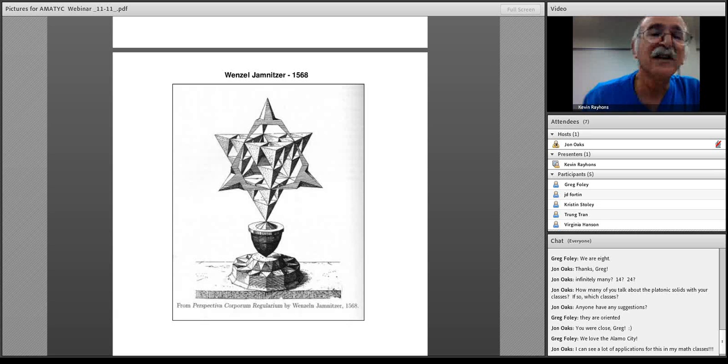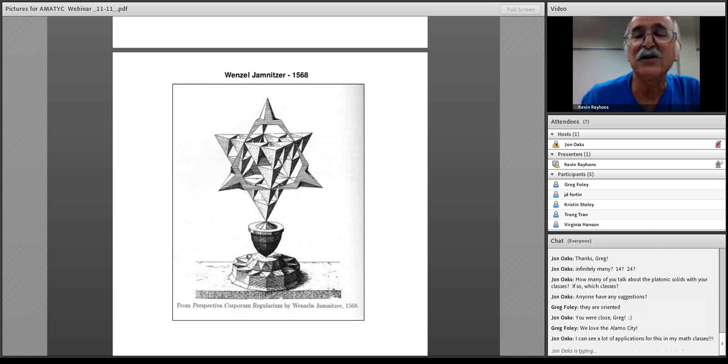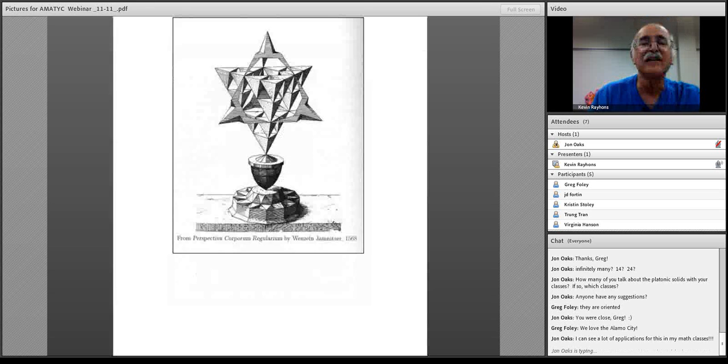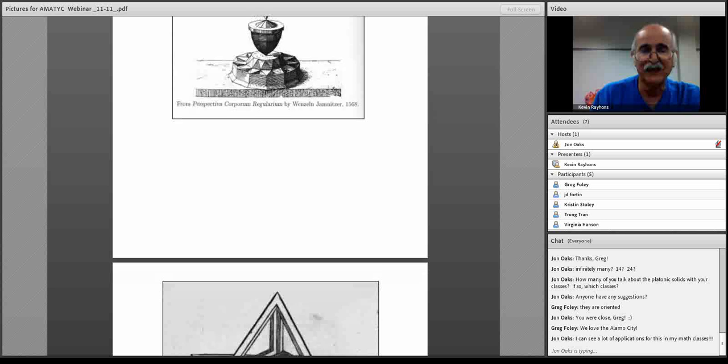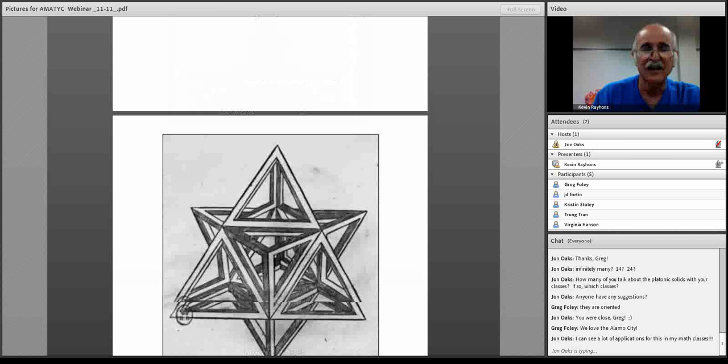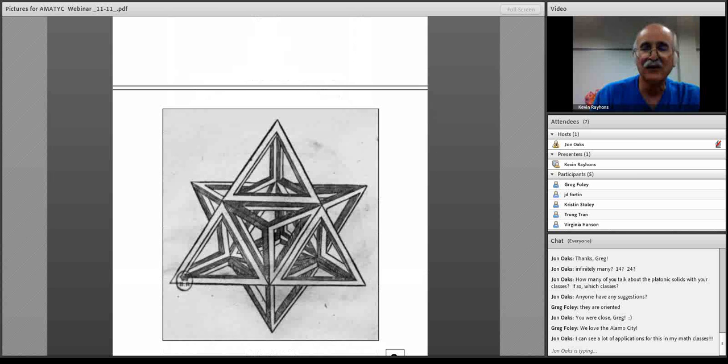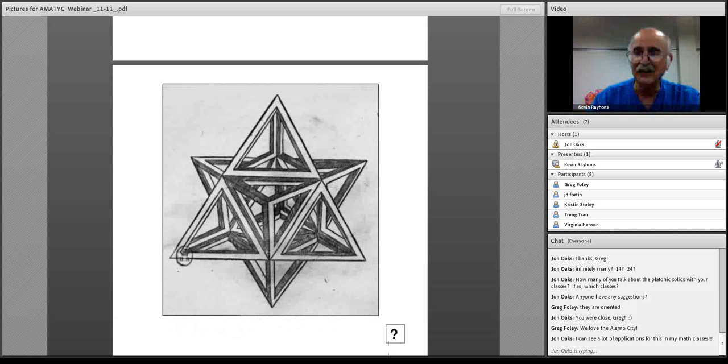It also has something that some of you may know about called a Sierpinski tetrahedron, who was the guy in about 1900 that was interested in fractals. Now we go back to this drawing. I will tell you that this drawing was made in 1497 by a very famous artist.